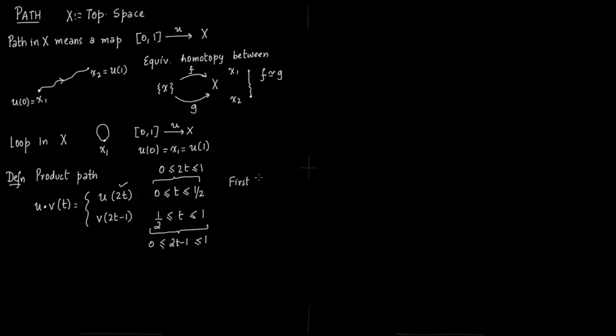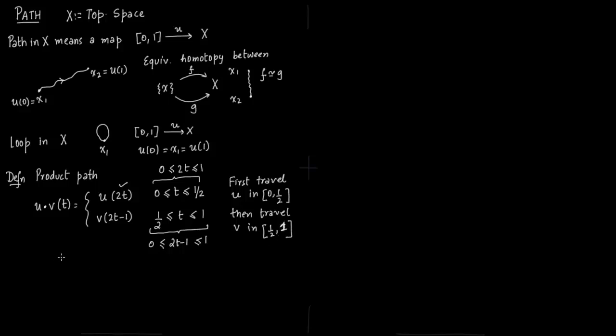Okay, so just to recap everything, first you travel path u from 0 to half, but you have u of 2t, so you will traverse the entire path u, and then you traverse path v from half to 1.